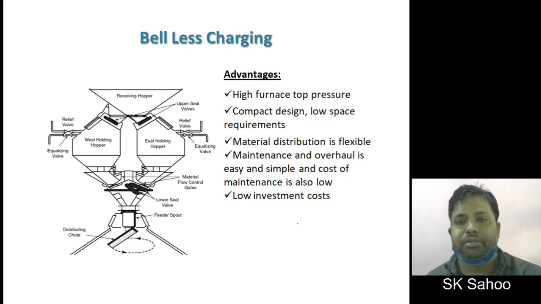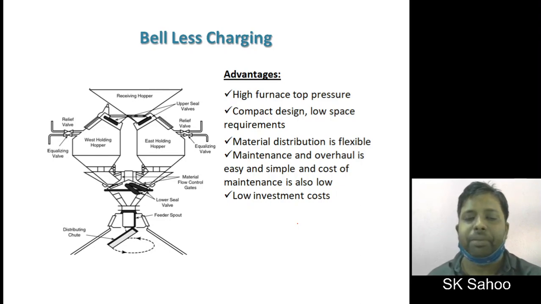like high furnace top pressure, which is called HTP, or the high top pressure. High top pressure is useful in blast furnace operation to improve its performance index. Quality of your pig iron is improved. For example, if top pressure is increased, the silicon content in the pig iron will decrease.